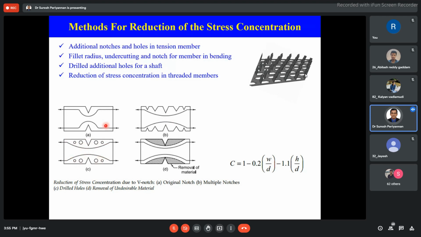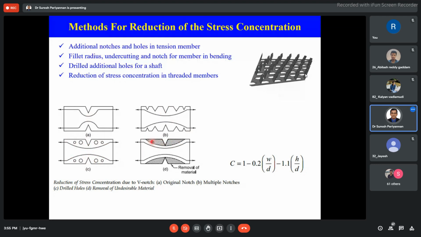Now this is the more stress concentration. This is less stress concentration. This is very less stress concentration. Here it can be reduced more and more when you remove the material.